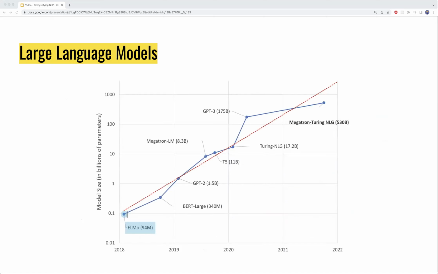And here's a similar graph, but the vertical axis is now logarithmic. And so you can really see the exponential growth. From GPT-2 to GPT-3, there's a hundredfold increase. And according to reports, GPT-3 to GPT-4 should be another hundredfold increase.